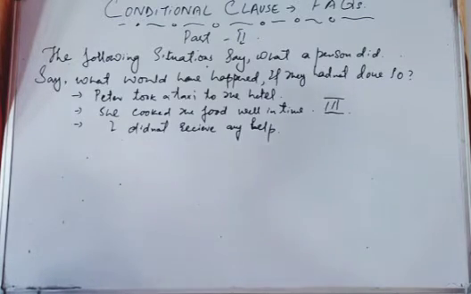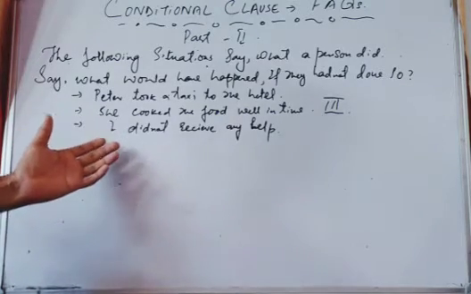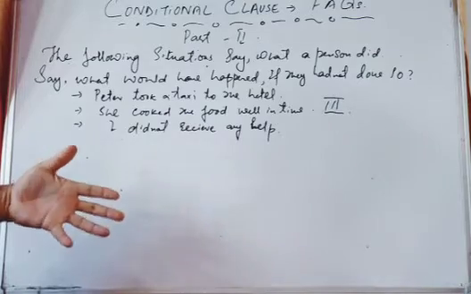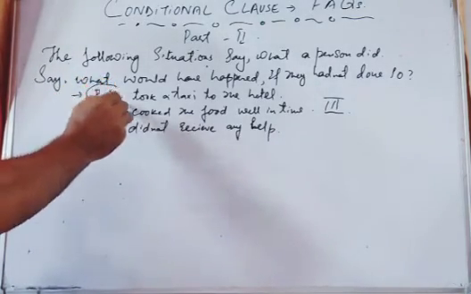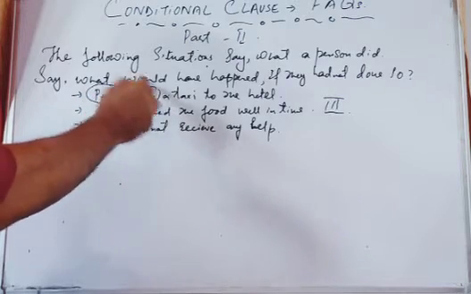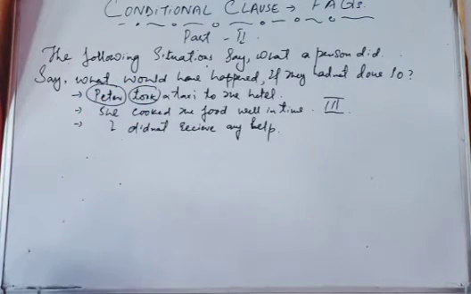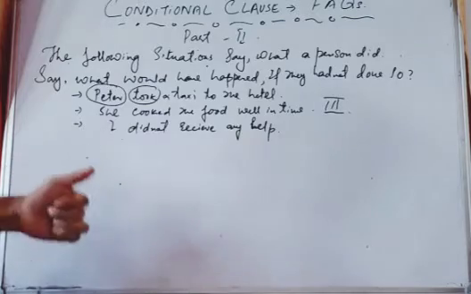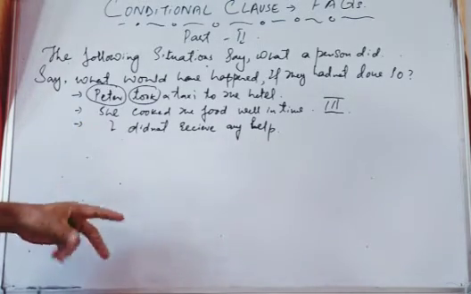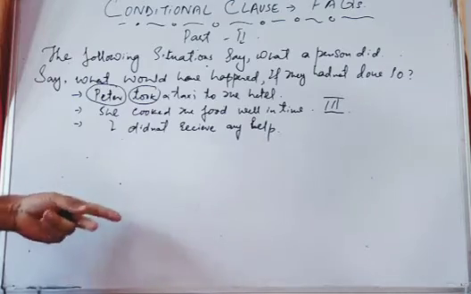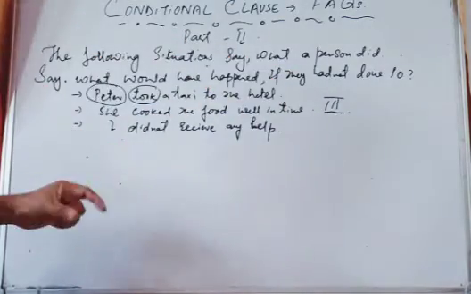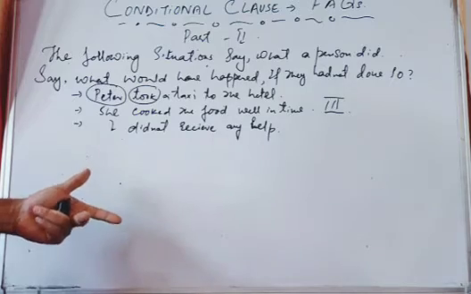As far as the first situation is concerned, Peter took a taxi to the hotel. Peter is the subject here. What has Peter done? He has taken a taxi and he has gone to the hotel. What we have to do, we have to reverse the action. We have to say if Peter hadn't done so, what would have been the result?